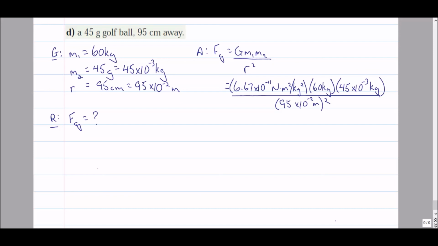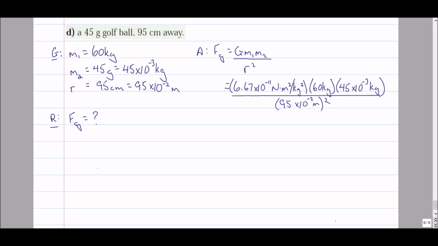Notice that I don't necessarily have to put these in scientific notation. The reason I do this is because all I have to worry about is the conversion between grams and kilograms or centimeters and meters. If I can remember those, I can do these, and I don't have to worry about where to shift the decimal place and whatnot. Your calculator will take care of that for you.